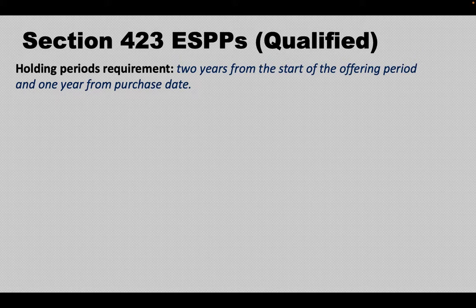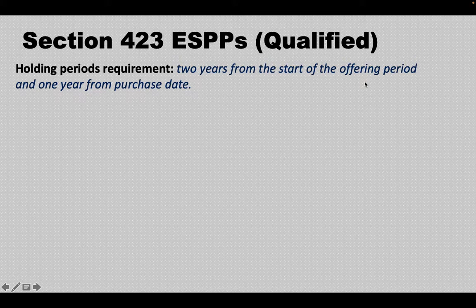So, if you want to utilize this qualified plan, you have to meet the holding period requirement as a plan participant, which is the employees. They require you to hold the stocks 2 years from the starting period, which is the grant date.